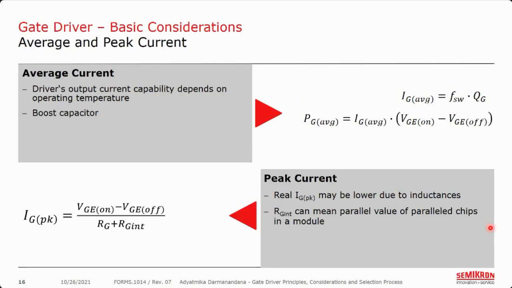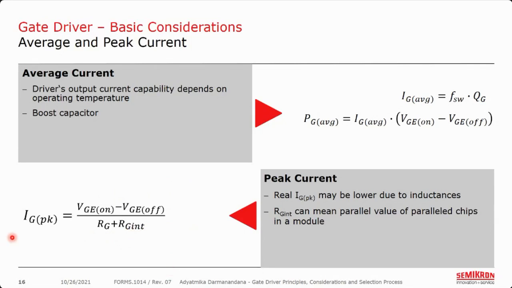Another aspect that needs to be considered is the output peak current, because every gate driver is limited in its capability to supply maximum current. In the worst case, the peak is determined by the gate voltage that is fixed for a gate driver and the series resistors that are applied.